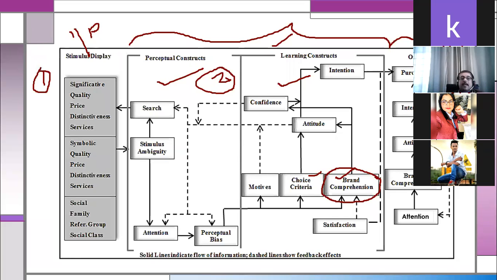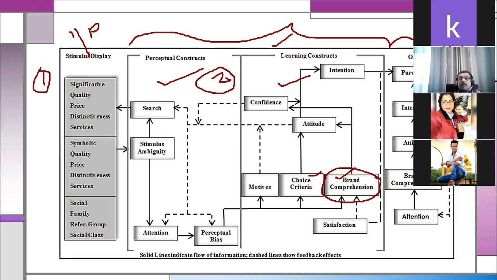If you ask them to buy some other watch, they will not be really ready, because they have got brand comprehension. It is fixed in their mind that the Titan watch is good or some other watch is good. So the brand comprehension is there, and the brand comprehension changes your attitude and it also impacts your confidence. Only after that does your intention form.